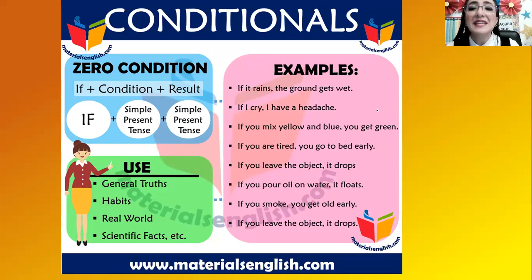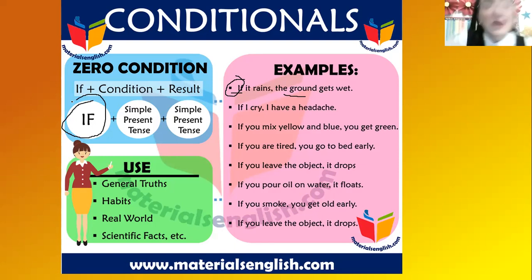If it rains, the ground gets wet. Oh, gets wet, sorry. How are we going to be forming this? Well, remember that my magic word is going to be if.